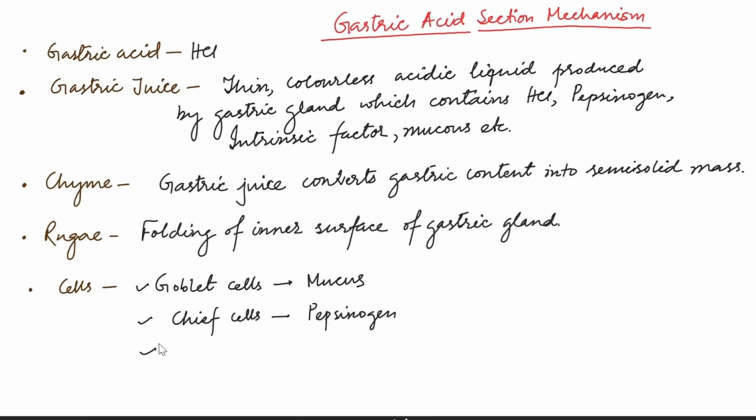The third one is G cells, which produce gastrin, which helps in the stimulation of gastric acid or HCl secretion. And the fourth one is parietal cells, which secrete hydrochloric acid, or HCl. So these are the four cells of the gastric gland.